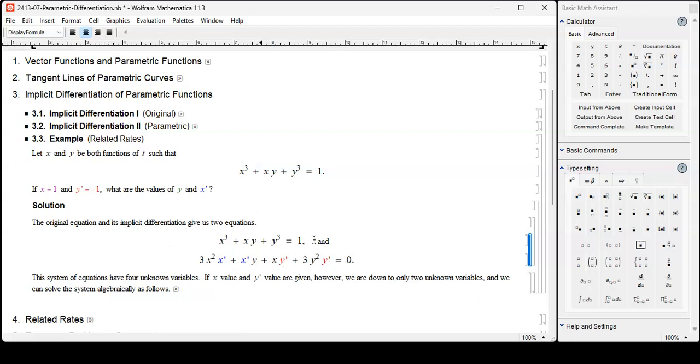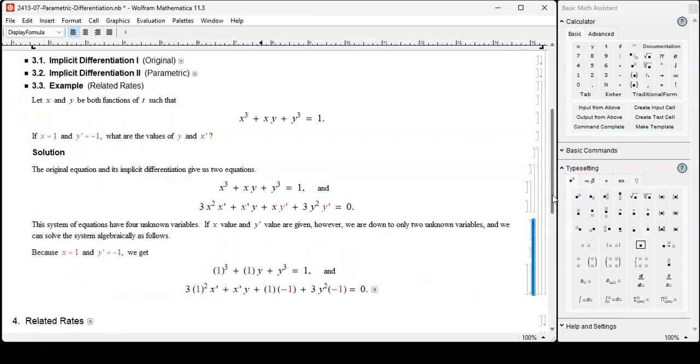Alright, we have 2 equations, number 1 and number 2, and 4 variables, x, y, x prime, and y prime, but the problem gave you 2. So we can plug in these values, x equals 1 here, here, here, here, and then y prime equals -1. I plugged those in and we got these 2 equations. Can you solve this?